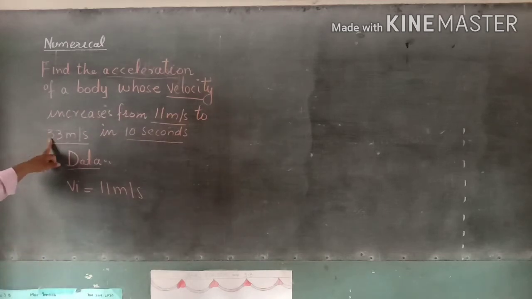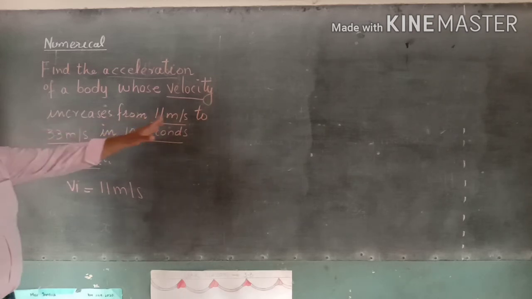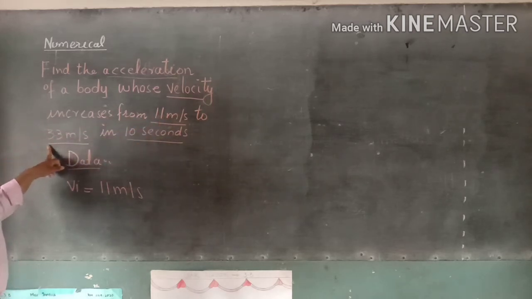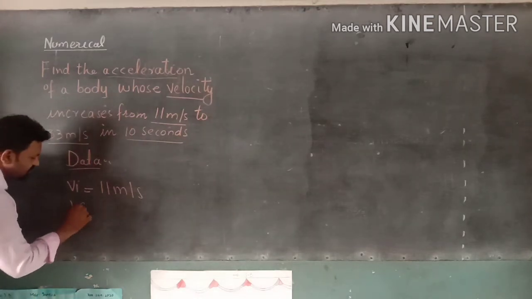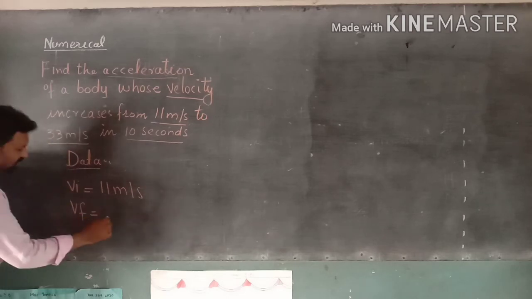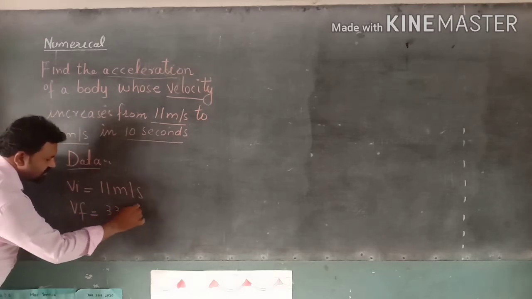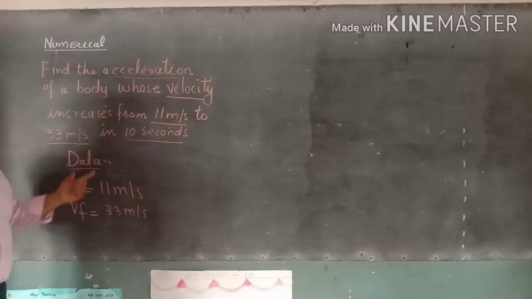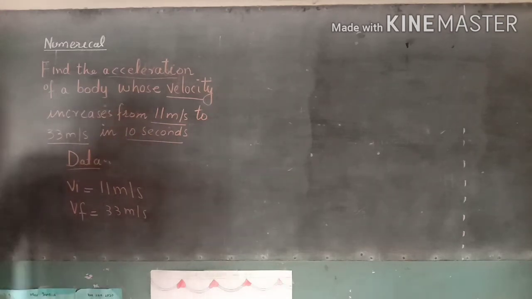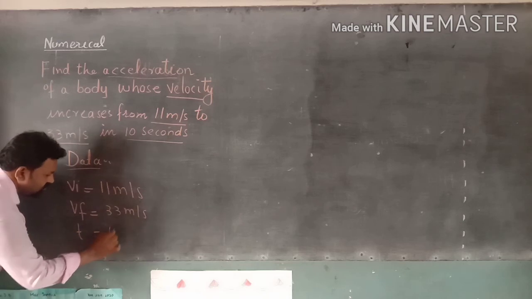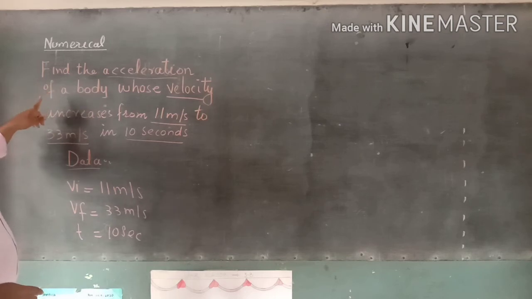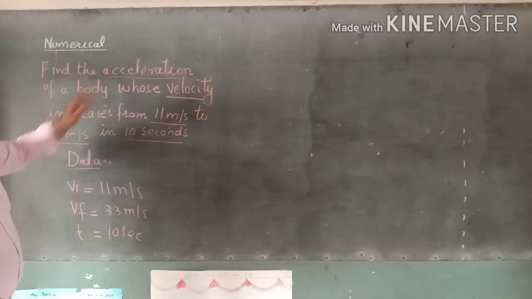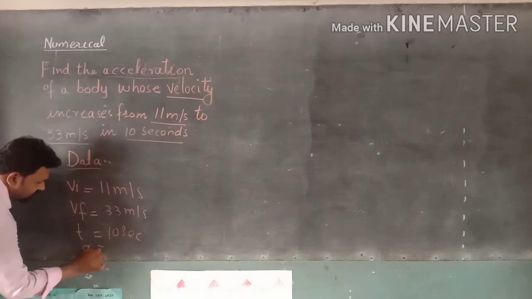And this one is the final velocity because after some time the velocity becomes 33 meter per second, so Vf is 33 meter per second. 10 seconds is the time, so t is equal to 10 seconds. And we have to find the acceleration.